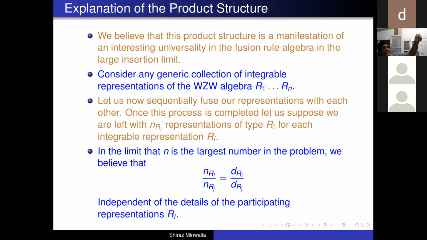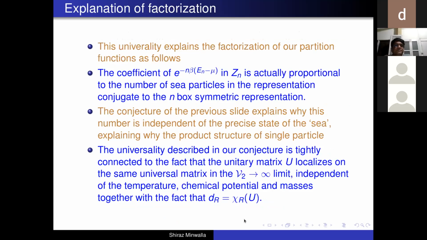Roughly speaking, the reason is this: if you've got a single particle state and you want to get a Wess-Zumino-Witten singlet in the end, the full representation of every other state, apart from your single particle state, has to combine with the conjugate of the representation you're going to keep. And since the ratios of numbers of such conjugate representations are independent of what these other states are doing, because of this universality, we get a product over partition functions.